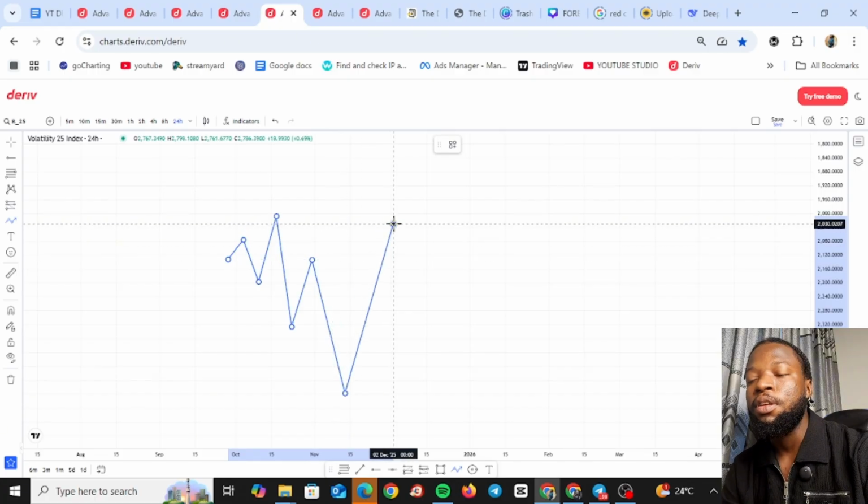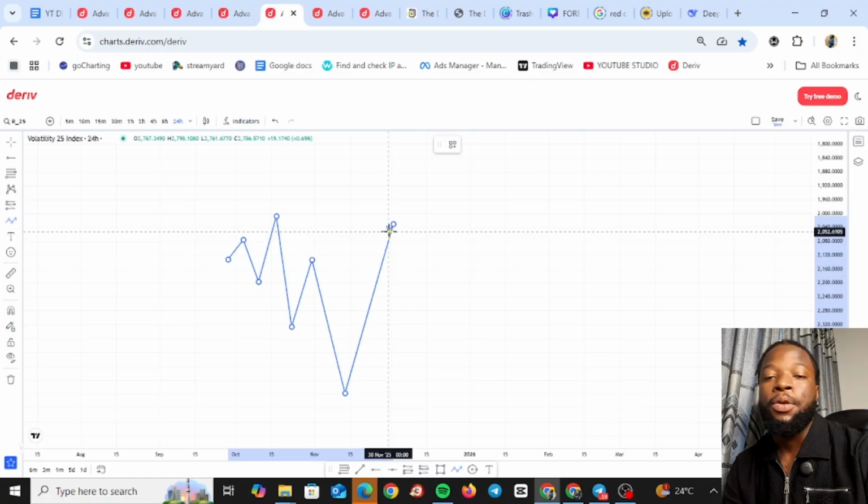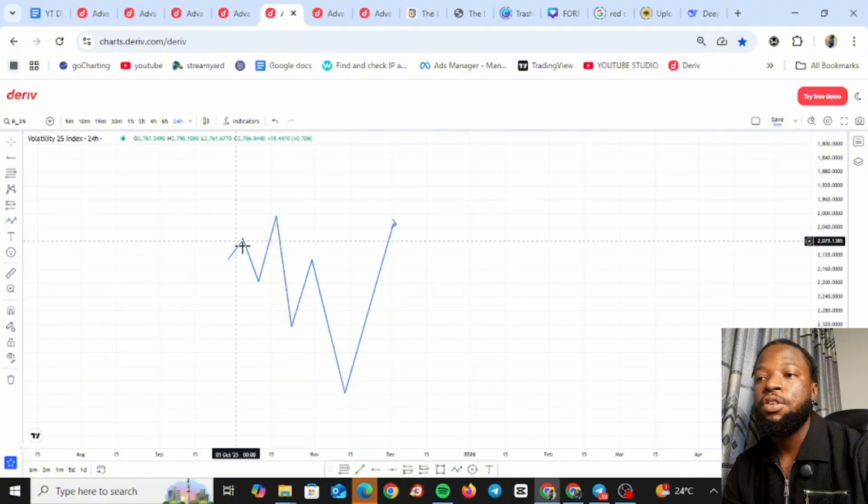Okay, now what you're going to do is scale down to the lower time frame, which is the daily. Once you scale down to the daily time frame, which is your lower time frame, if you don't see this on the weekly time frame, you come back to the daily time frame.